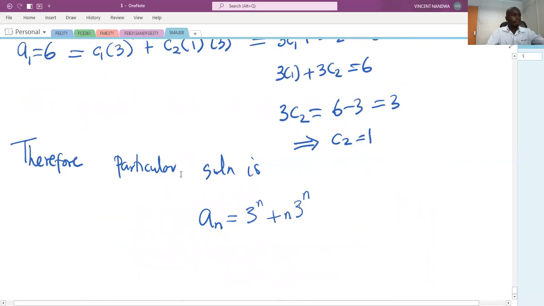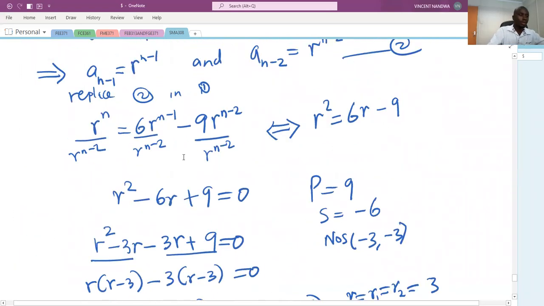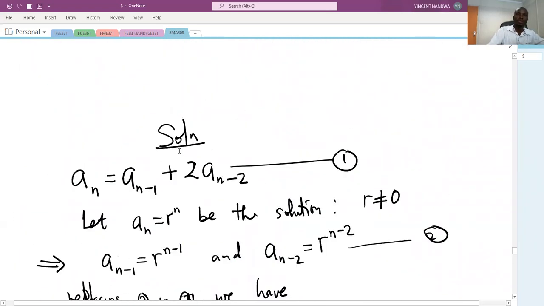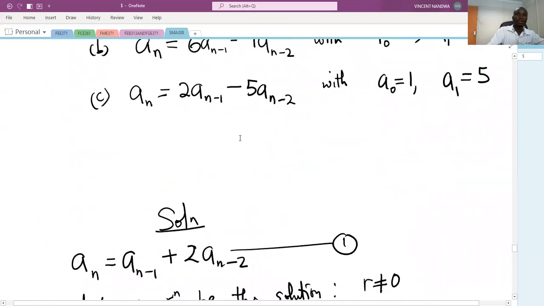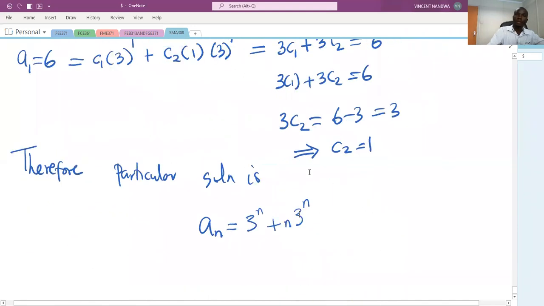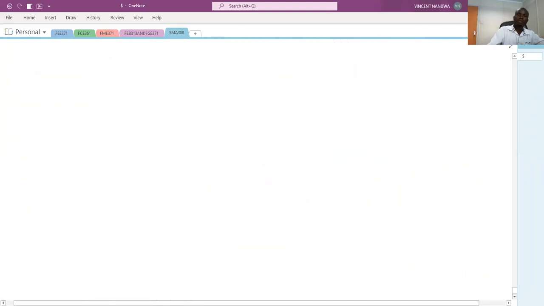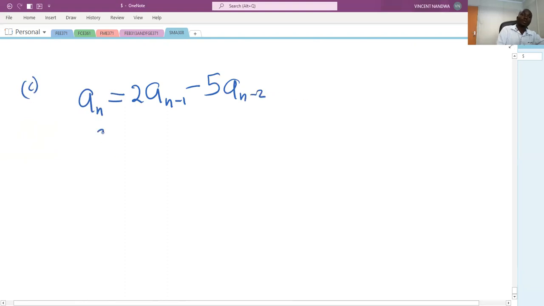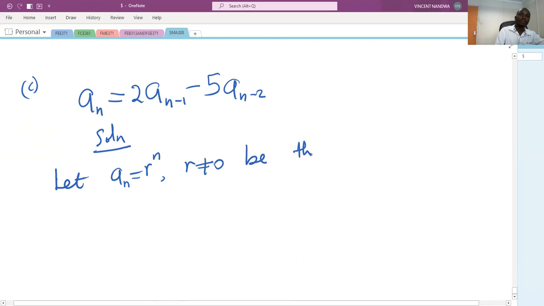And then finally, we have to solve the recurrence relation a_n equals 2a_(n-1) minus 5a_(n-2). So for the solution, you assume or let a_n equals r^n, where r is a non-zero constant, be the solution.